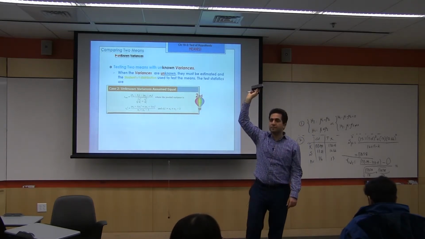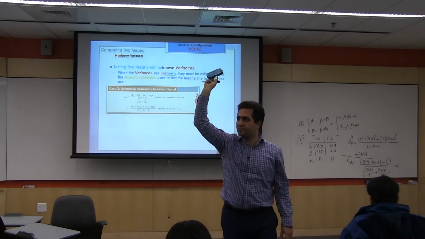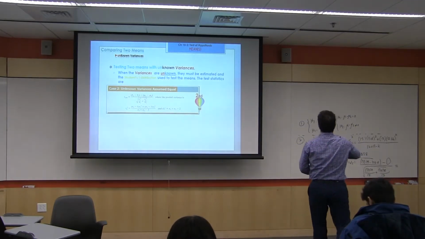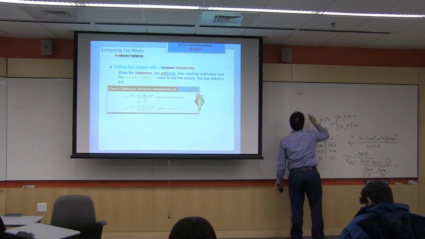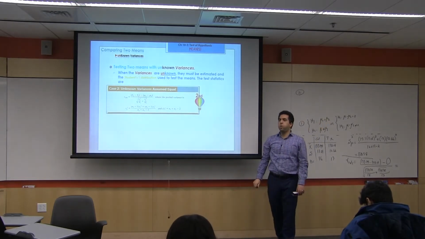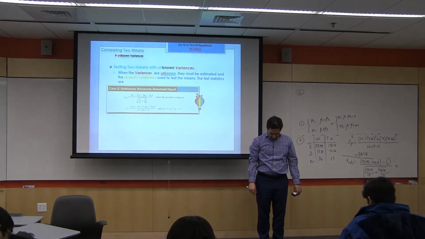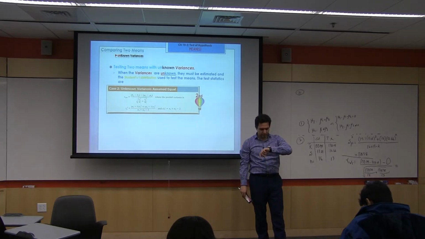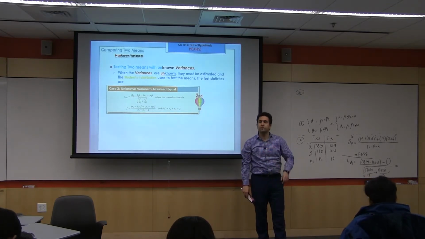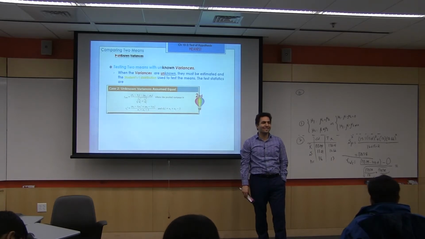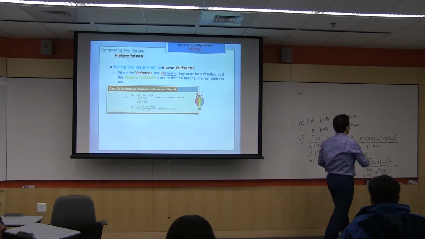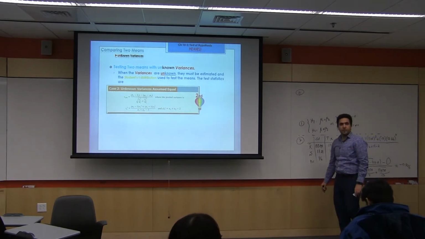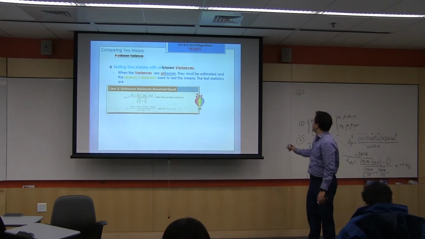What's the T calc? Negative 0.926. I use the rejection region method.